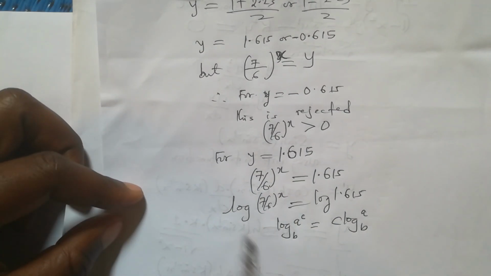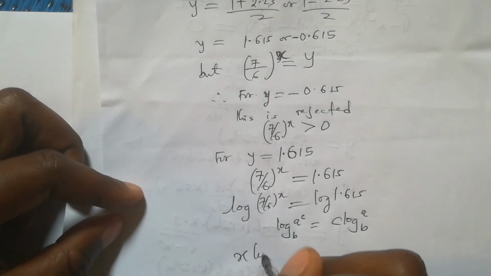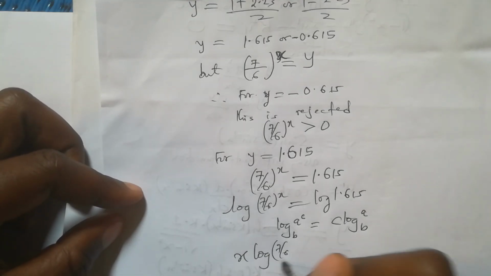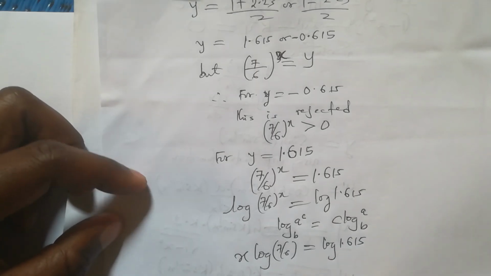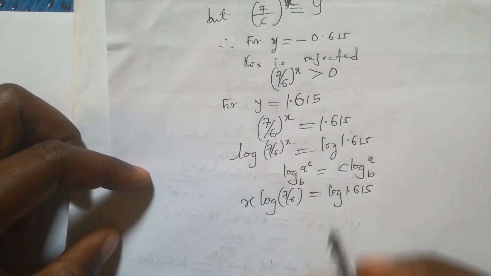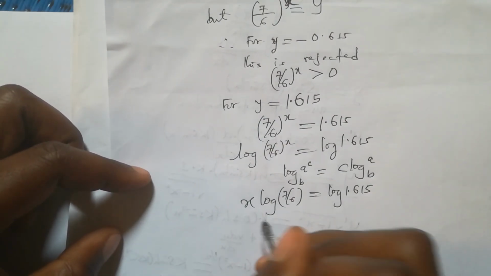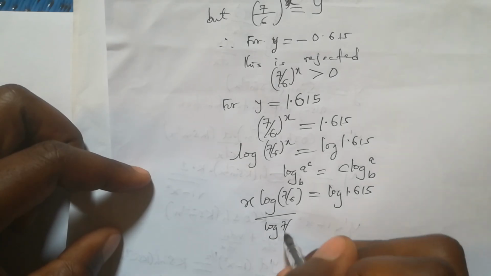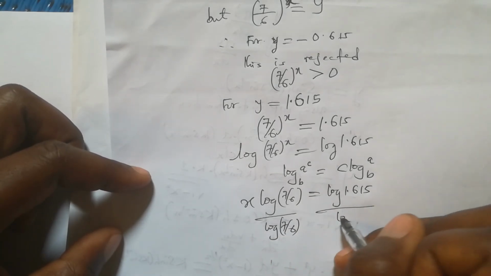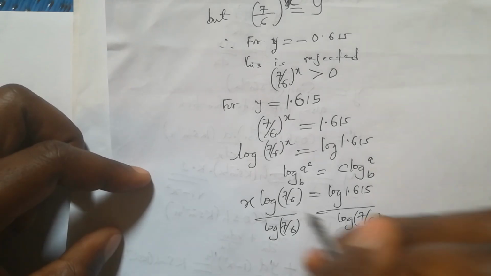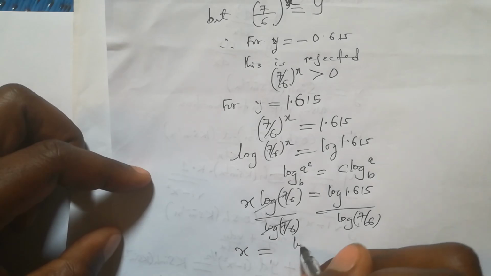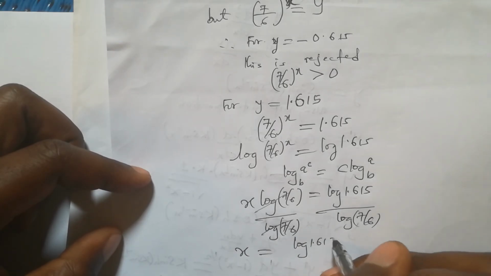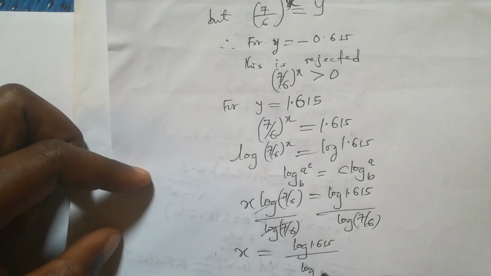So x will come here. We now have x log 7 over 6 is equal to log of 1.615. You get it? So we can divide both sides by log 7 over 6. This will cancel, so we are left with x is equal to log of 1.615 all over log of 7 over 6.